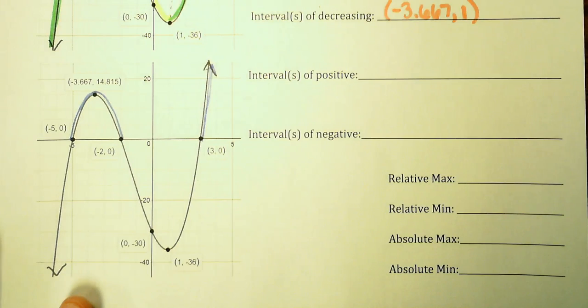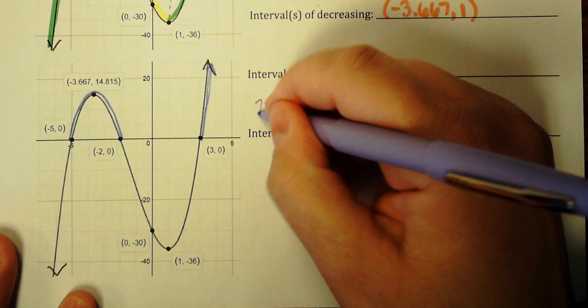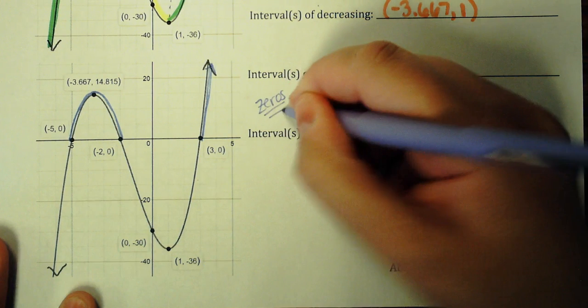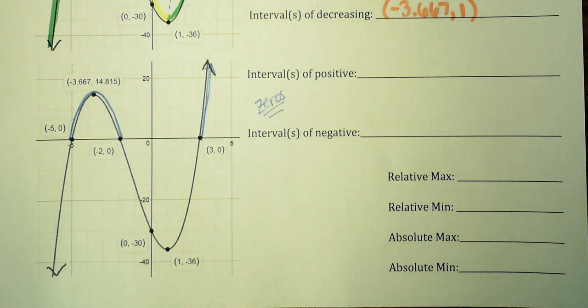These switch over at the zeros, so I might jot that down just so I remember. Intervals of positive and negative switch over at the zeros. Now where the graph is negative is where you're going to be under the x-axis.